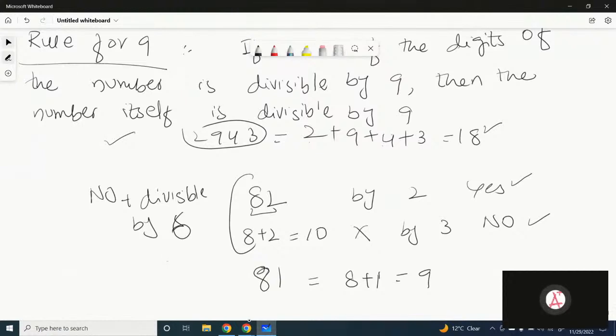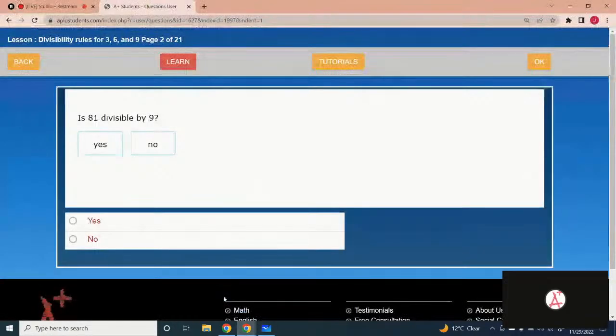That means the number 81 is divisible by 9. Got it? 8 plus 1 is 9 and 9 is divisible by 9. So yes, the number is divisible by 9. Got it, everyone? The answer is yes.